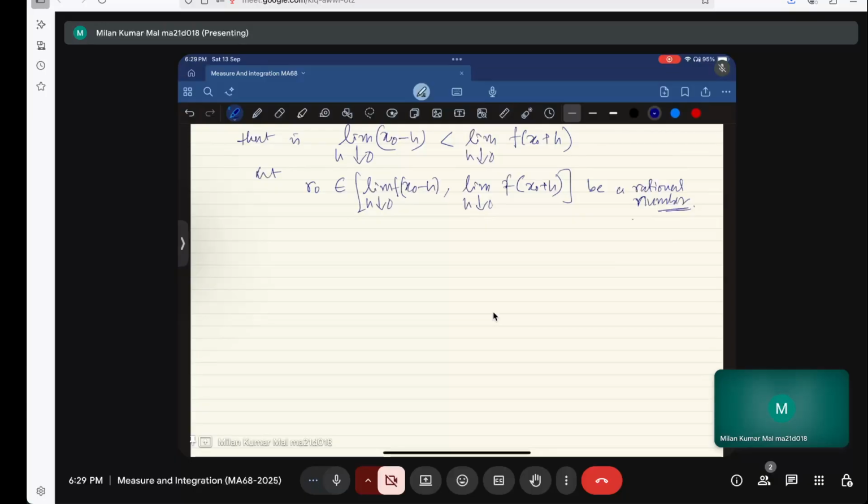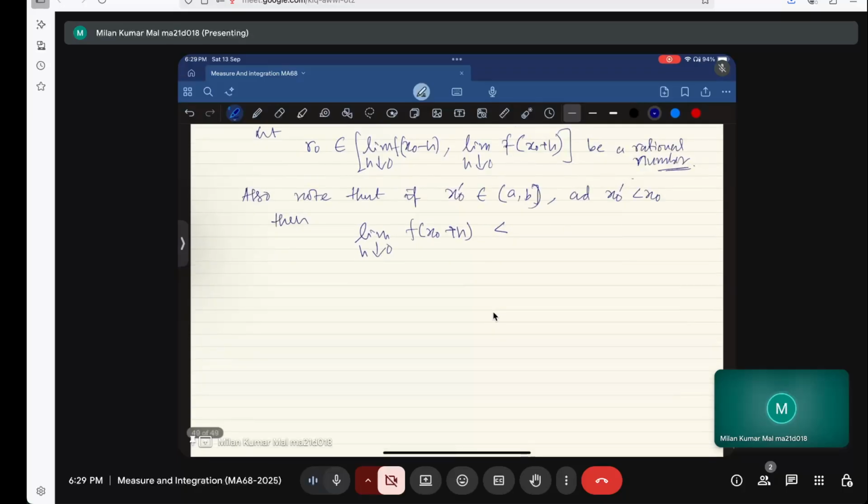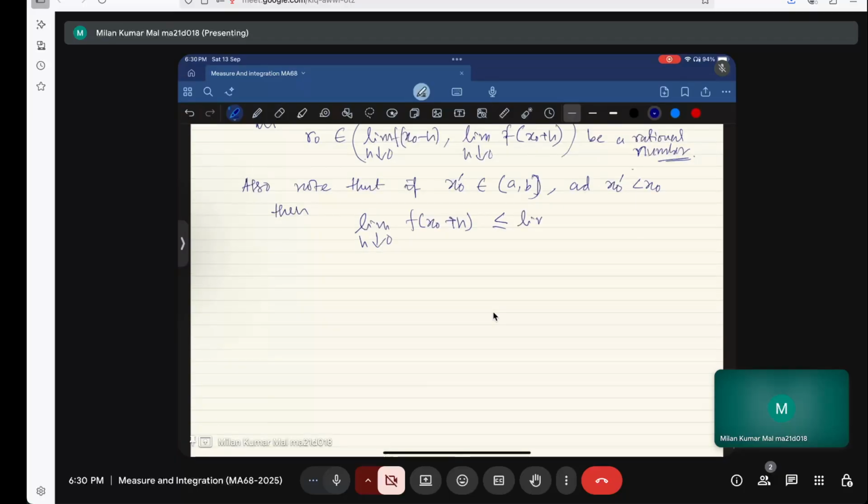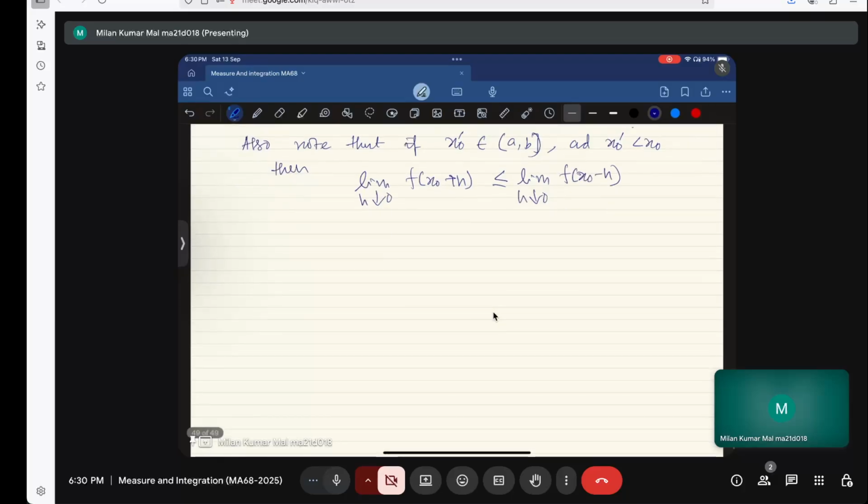Now, also note that if x naught dashed is another point inside the interval a b, and x naught dashed is less than x naught, then the limit as h tends to 0 of f of x naught dashed plus h is less than or equal to the limit of f of x naught minus h.